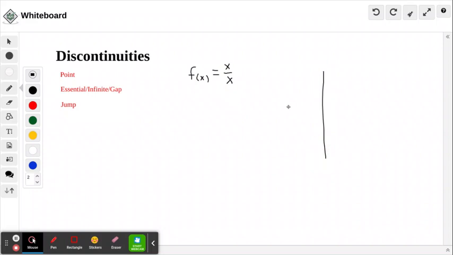So let's take some axes and say 1 is here, 2 is here. The graph of this function, which I will be sketching with this red line, will look something like this.